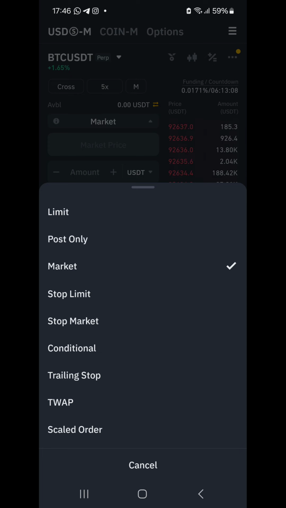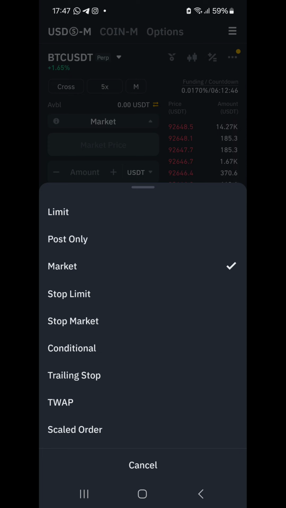Now, for example, you set a post only limit order to buy Bitcoin at 29,500. If the current market price is already at 29,500, your order won't execute immediately. Instead, it will remain in the order book. So you understand, it's a post order.